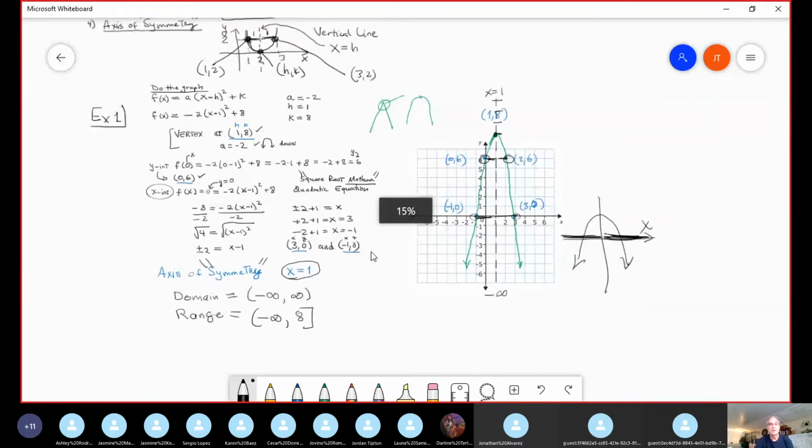Summarize. To do the graph elegantly with the color algebra graph, we need to determine the vertex. It's easier using the vertex form, okay? Another important parameter is the Y-intercept and X-intercept. The Y-intercept is easy, evaluating at 0. The X-intercept is more complicated because you solve the quadratic equation.